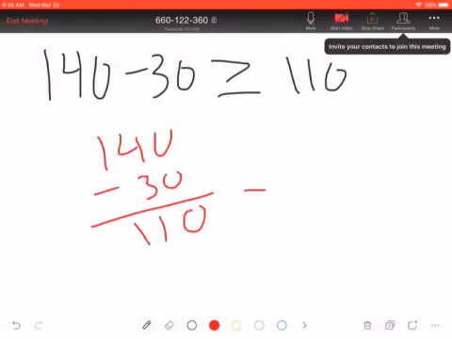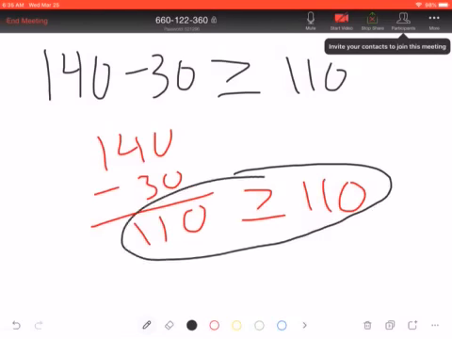So you say, is 110 greater than 110? No. Is it equal to 110? Yes. So this estimate works. Or, to be more accurate, the estimate of 140 works, right? That would work for this inequality.